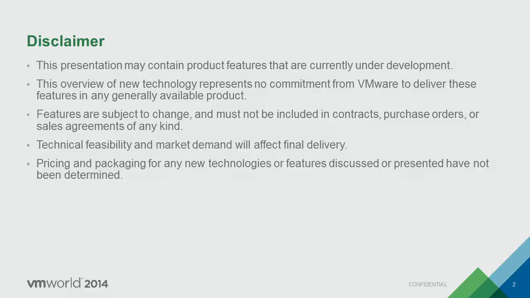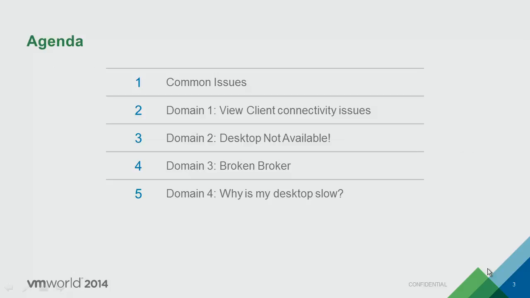So, general disclaimer, obviously, we're not going to be talking about any new stuff that's coming in this session. This is mostly going to be talking about existing things. The general agenda is we're going to talk about some common issues up front, and then we're going to dive into the various areas that you need to identify when you're troubleshooting View, the main components where a problem may lie.